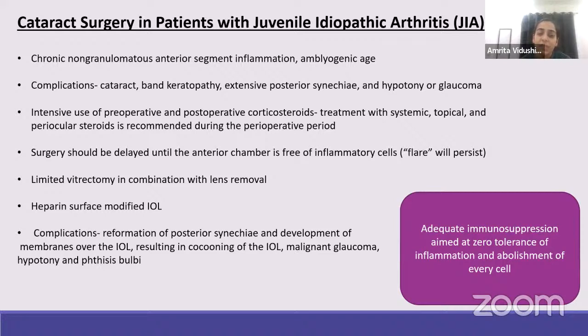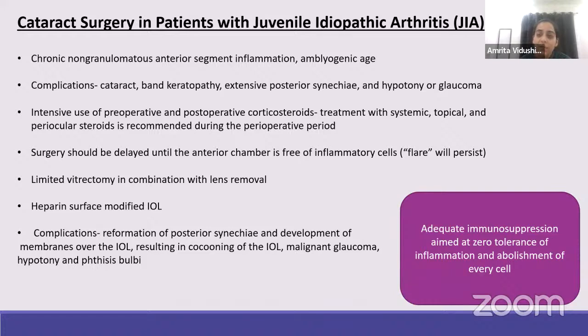The surgery should be delayed until the anterior chamber is free of inflammatory cells. The flare will persist, but the inflammatory cells should not. A couple of studies also mention limited vitrectomy combined with lens removal. Heparin surface modified IOLs have been used in such cases.